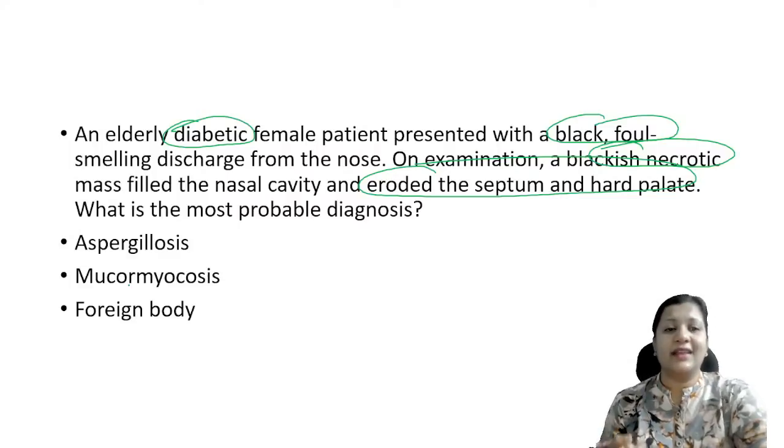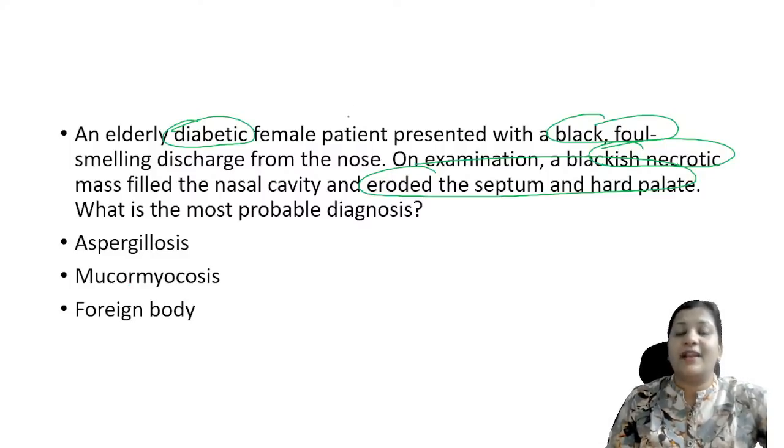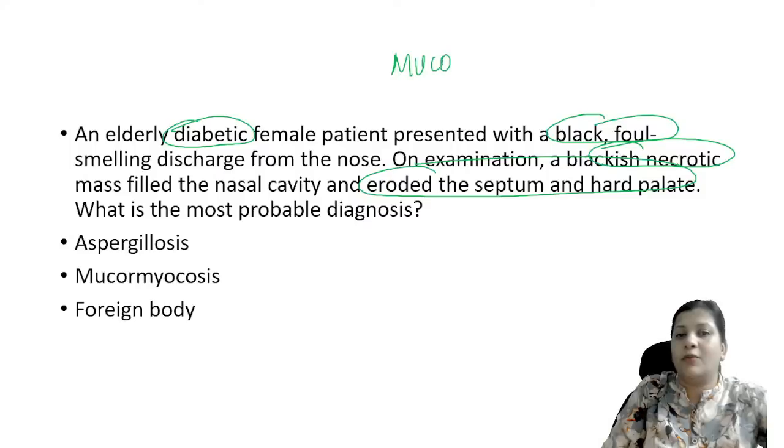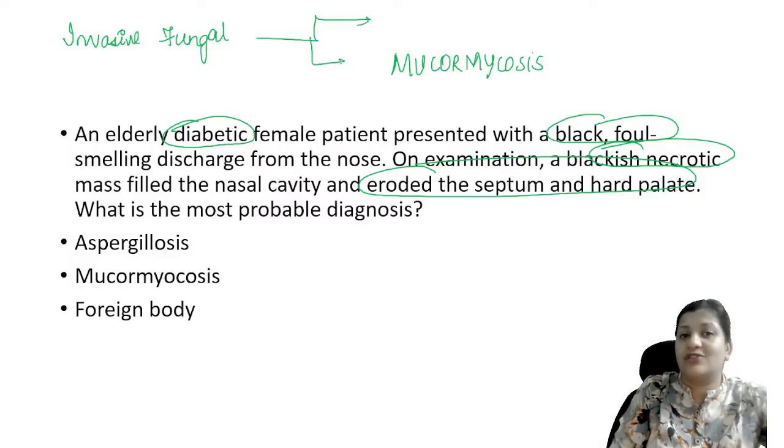Yes. So I think this is very, very clear, very easy, very simple. So elderly, diabetic, black, foul-smelling crust, erosion of bone, you should think about mucormycosis. So basically, we can classify fungal infections as non-invasive and invasive. When we're talking about invasive fungal infection, there are two types: aspergillosis and mucormycosis.